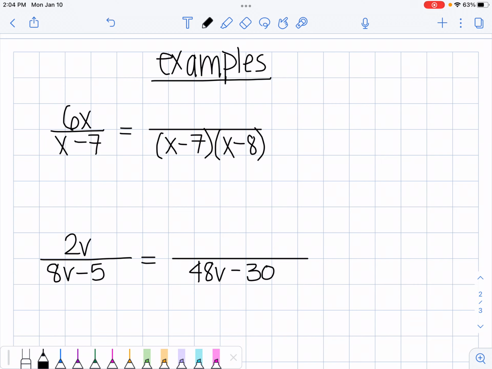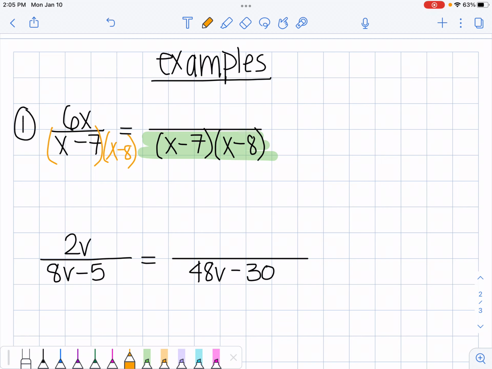In my first example, I have 6x over x minus 7, and I want it to be equivalent to this on the right-hand side, where my denominator now changes to x minus 7 times x minus 8. So what did I notice? I noticed that my denominator got multiplied by x minus 8.